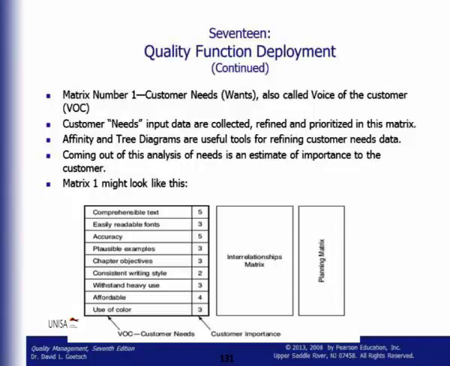Customer needs input data are collected, refined, and prioritized in this matrix. Affinity and tree diagrams are useful tools for refining customer needs data. Coming out of this analysis of needs is an estimate of importance to the customer. Matrix 1 might look like this.